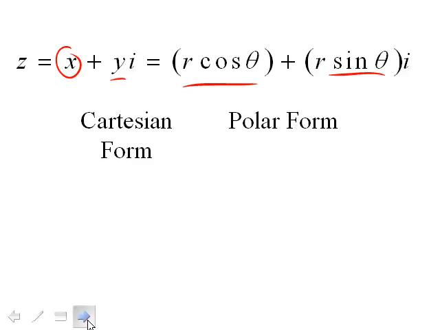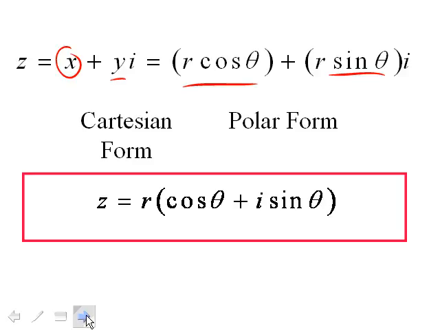If you collect terms in the polar form, z is r times cosine theta, and factor out the r from the second term, times i sine theta. So this expression cosine theta plus i sine theta is a useful thing for specifying a direction of where the point is aiming in the complex plane, and r specifies how far out along that direction you go.